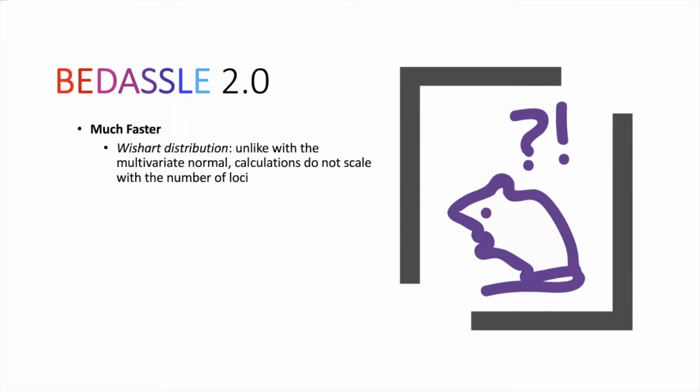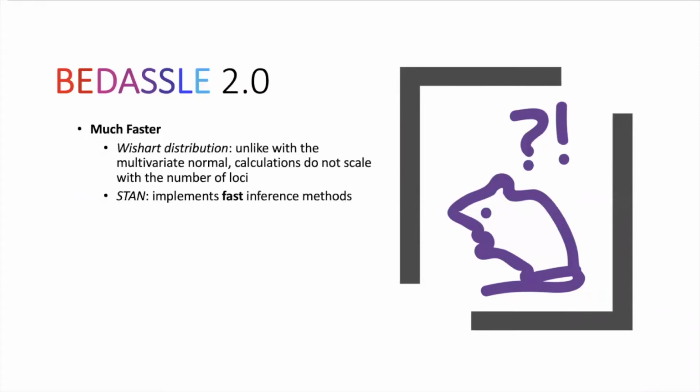The important thing about that is that calculations still scale with the number of individuals that you're trying to include in your study, but they no longer scale with the number of genetic loci. So it's now more possible and appropriate to use BEDASSLE with genomic scale data.